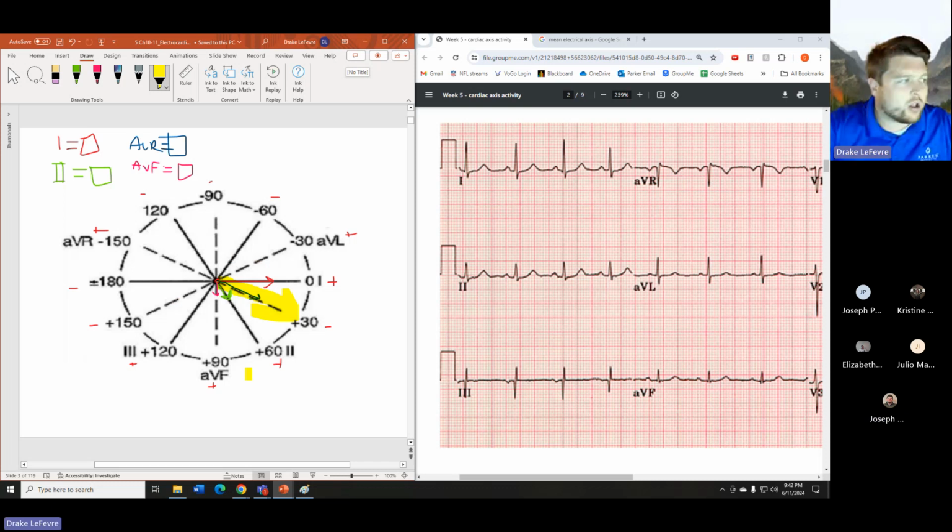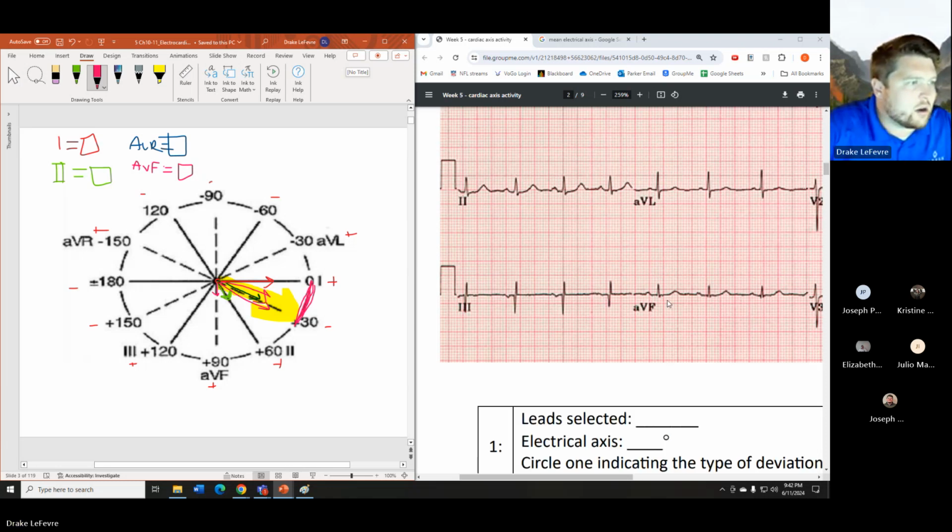Because if we were to break down all of the arrows, this big arrow is this direction and this arrow is this direction, and add them all up, our overall direction is going to be a little bit closer to positive 30, between positive 30 and 0, because these are a lot smaller and these are much bigger. So the best guess is we're probably within this range between 0 and 30 degrees.